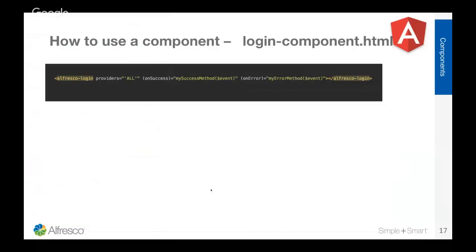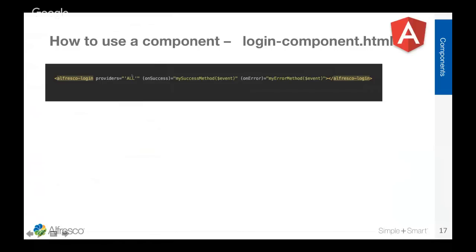But really, the code that you have to add in the end is just this thing here, and it has to be placed inside your HTML. So it's just an HTML tag, with the options that are needed to customize the behavior of this component.